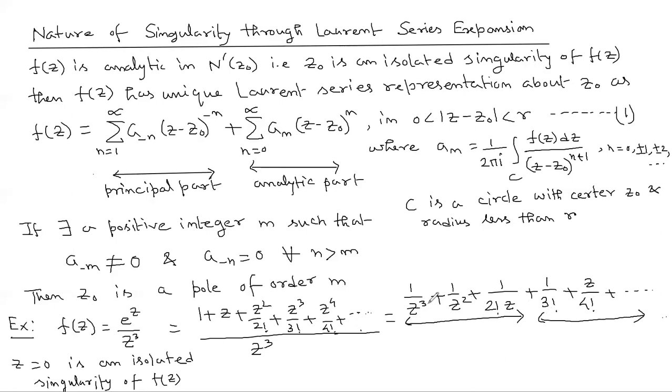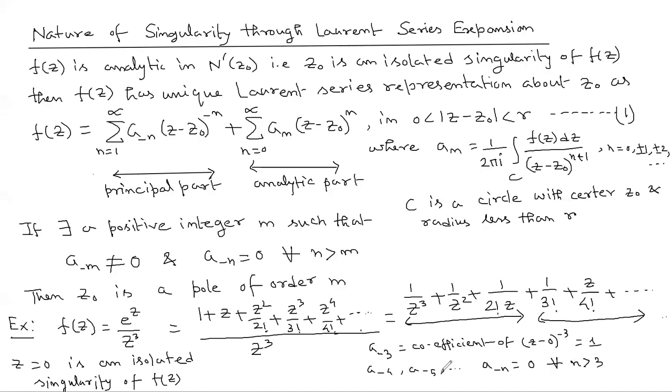So here we have only 3 terms present in the principal part, and here a minus 3, that means the coefficient of (z minus 0) power minus 3, is equal to 1, and after that, that means a minus 4, a minus 5, etc., that means a minus n is equal to 0 for all n strictly greater than 3.